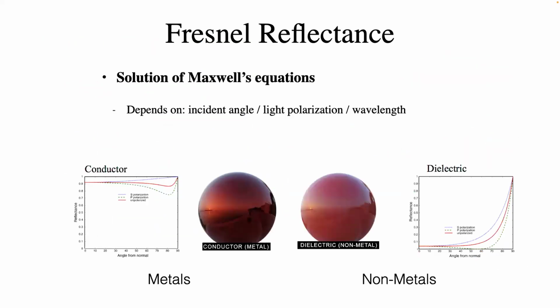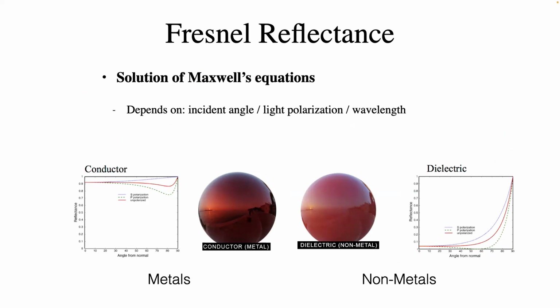You have different polarizations: P polarization and S polarization, and it can also be unpolarized. And you see that the Fresnel reflectance, depending on the type of light polarization, is going to get a different behavior.